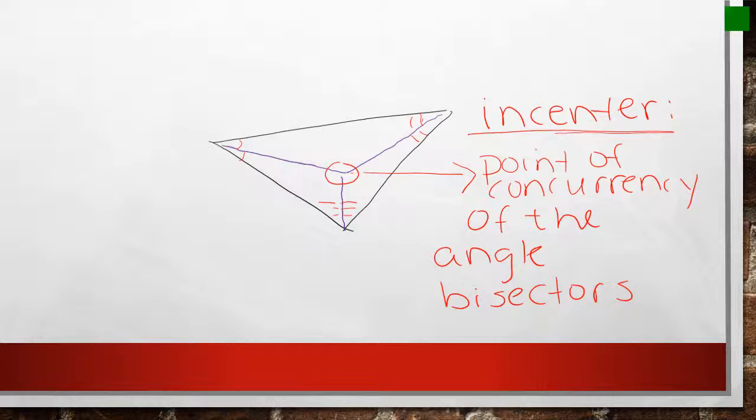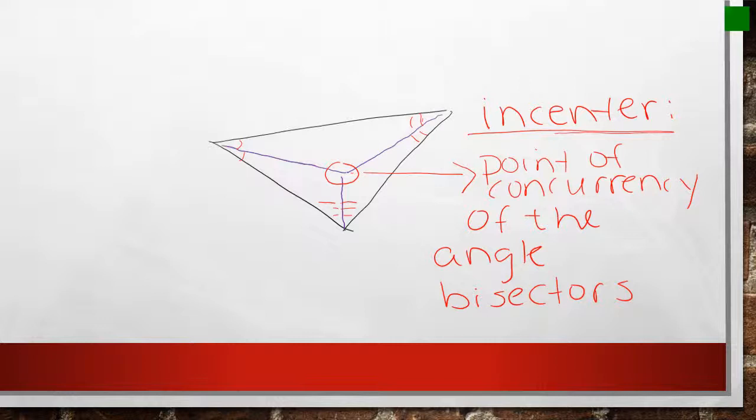But we have an easier term for that, and it's just called the incenter. All right? So again, angle bisectors, they meet in the middle of the triangle.